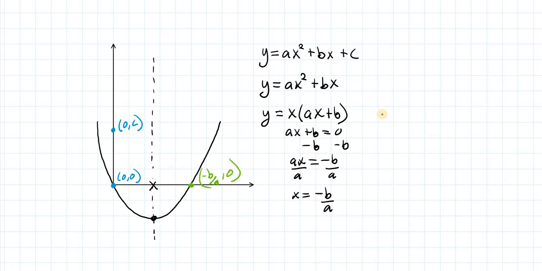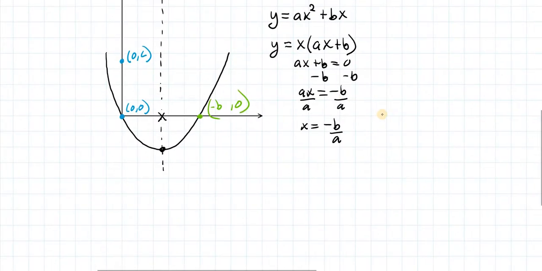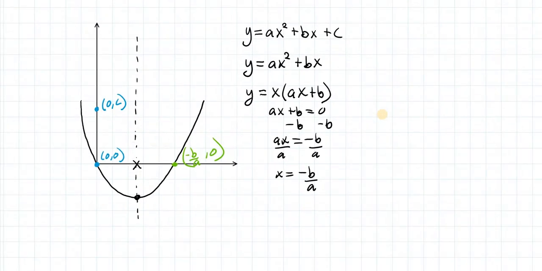I'm going to clean that up a little bit. Okay, so now we have the two roots of our parabola lined up for us, and this is really getting us a long way into finding the vertex. If I draw a line from here to here, this side is at 0, and this is at negative b over a. So the length of the line is negative b over a minus 0, or just negative b over a.